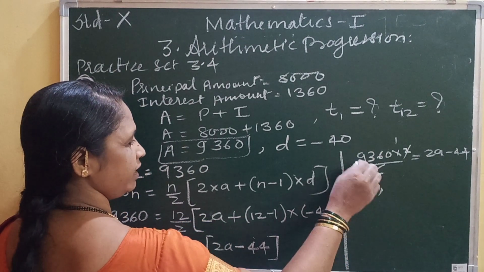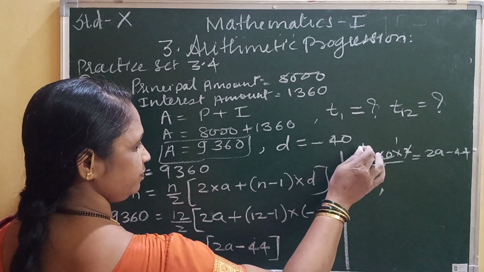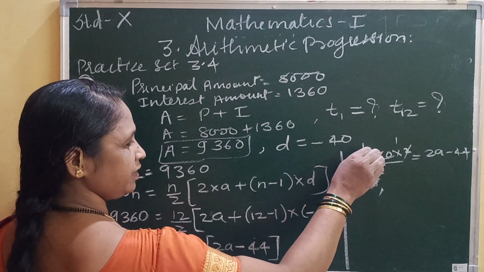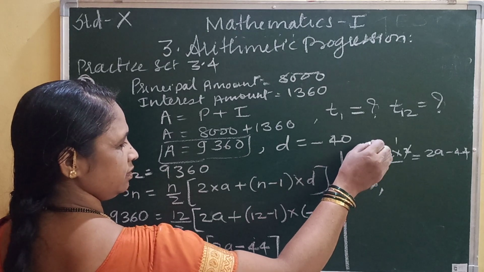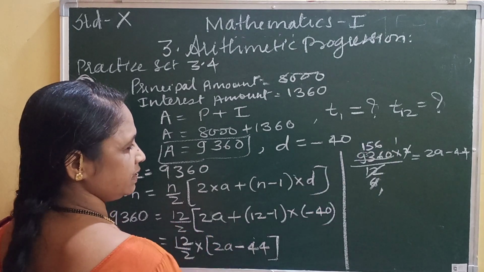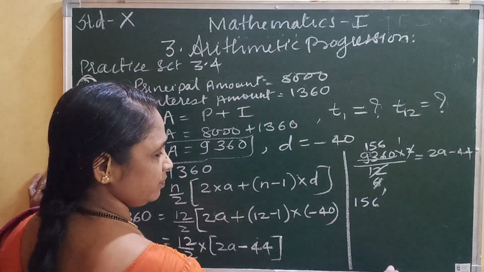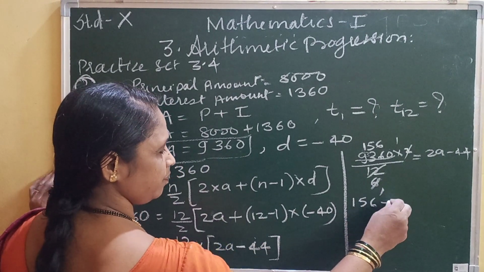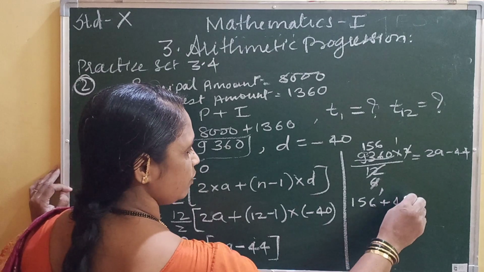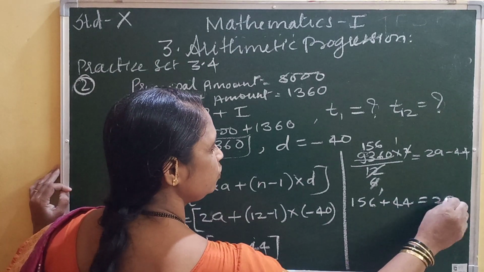Now divide by 6. 6 ones are 6, then 3 remain. 6 5s are 30 and 6 6s are 36. So what? 156, and this we will bring here, means plus 44 is equal to 2A.